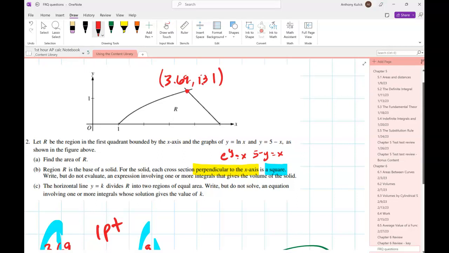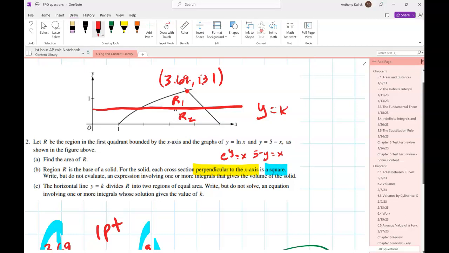Write but do not solve an equation involving one or more integrals whose solution gives the value for k. So let's say that this is y equals k here. I'll call this part R1 and this part R2. Everybody agree with that? So what you want is you want R1 to equal R2, correct?